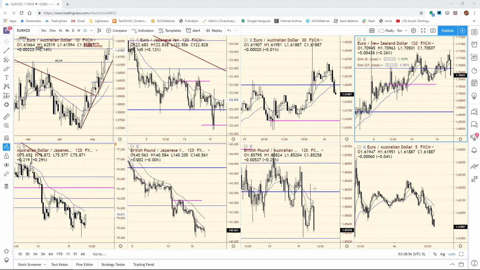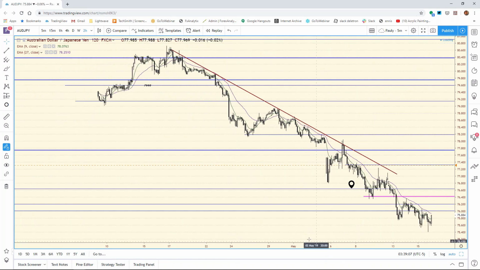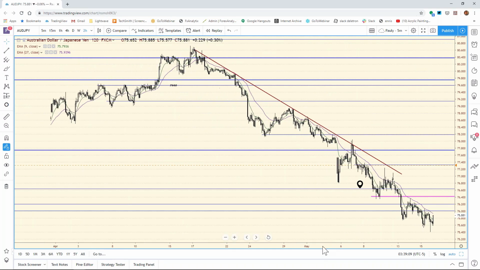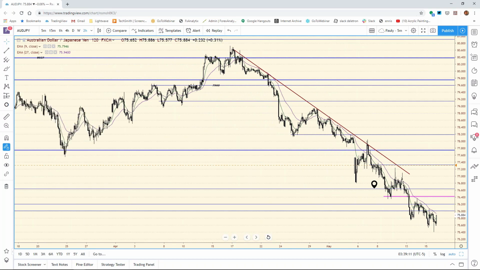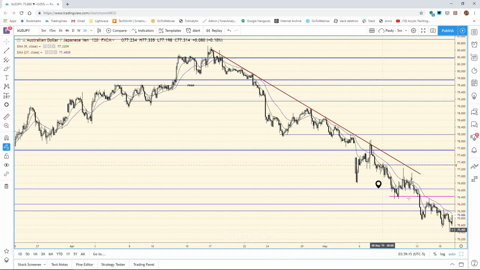And let's take a look at the Aussie yen. Trying to make a stab here. Support right now is going to be right there, 75.62.